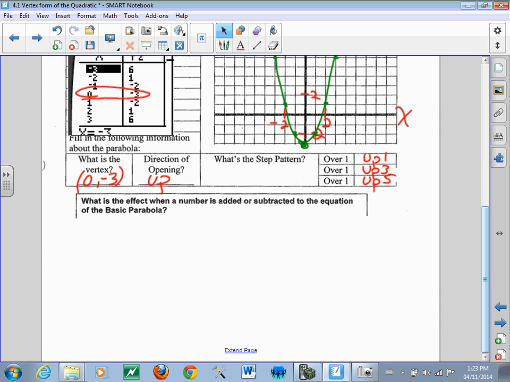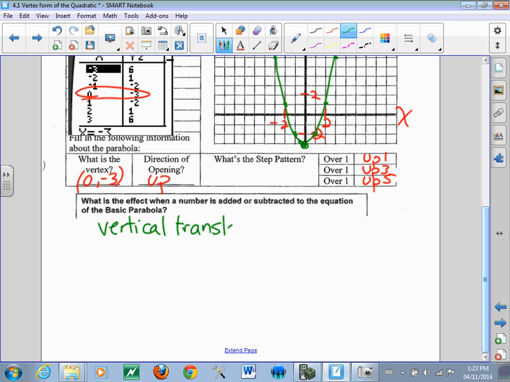Now we have a question to ask here. What is the effect of a number being added or subtracted at the end of the basic parabola? That's going to be a vertical translation, so you're either shifting up or down. Up if positive, and down if negative.